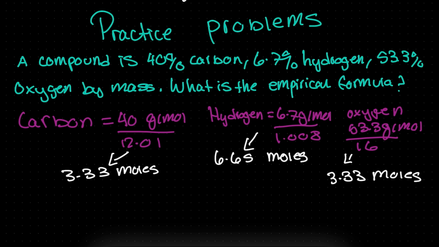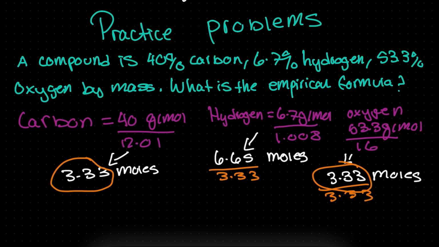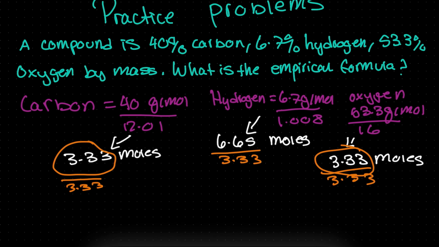We have two 3.33s, so we can choose either one. So this would lead us to having 1 for carbon, about 2 for hydrogen, and 1 for oxygen.